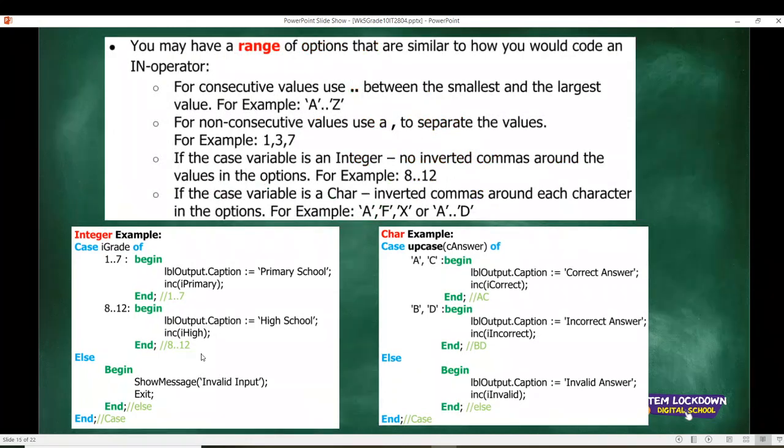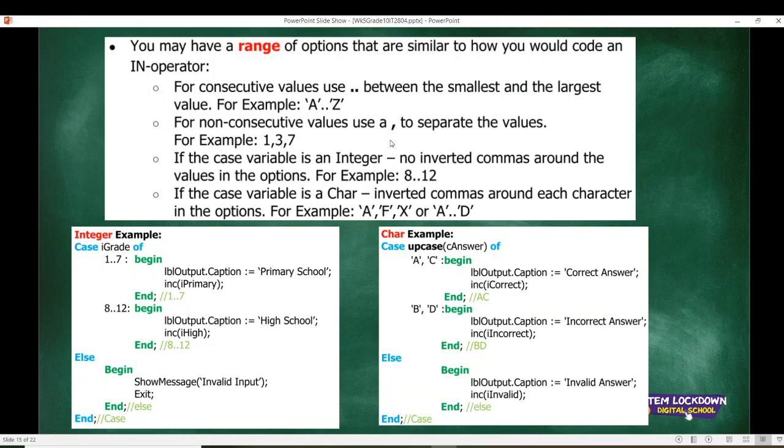Right. Few more things to have a look at using our same examples. You can have a range of options similar to what you would have in the in operator. So here we've got them, 1..7, same as what the in operator would have. So for consecutive values, like with the characters, again, you can have A..Z, each with their own quotes around them, same as what you've got here, but now it's anywhere between A and Z, something's going to happen.